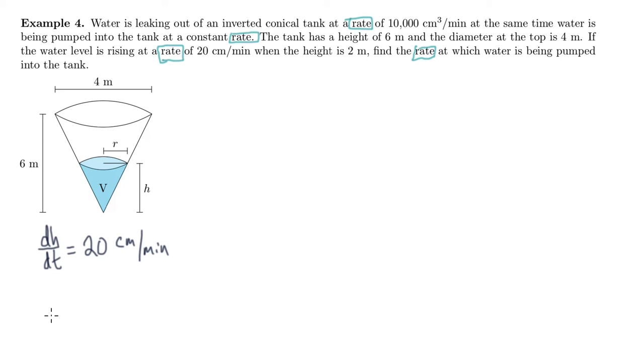What do we want to know? Well, we actually want to know the rate at which water is being pumped into the tank. But notice that water is also leaking out of the tank. So what we have is that the rate of change of V, dV/dt, is going to be, well, the rate at which water is being pumped in, which we don't know.